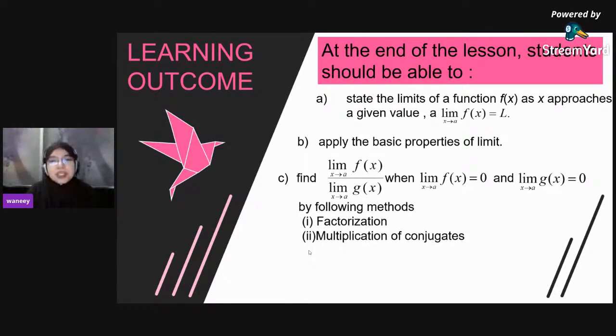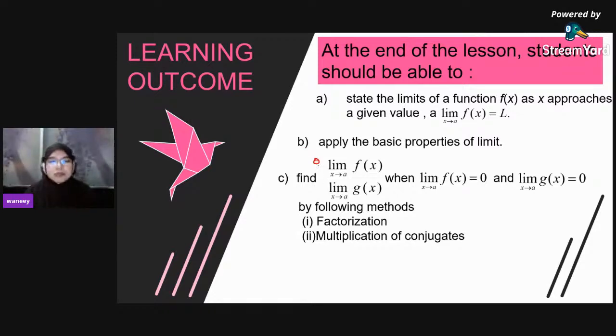And then the third one is to find out the limit as x approaches a for f(x) over the limit as x approaches a for g(x), when the limit for x approaches a for f(x) is equal to 0 and the limit for x approaches a for g(x) equal to 0. So that means we have a rational function. So we have a function, and when we simply calculate the limit for our numerator and our denominator, so surprisingly, or not really surprisingly, when we substitute the value of the a for our numerator and our denominator, we are going to end up with 0 over 0.